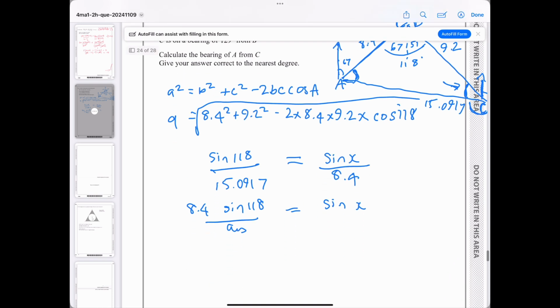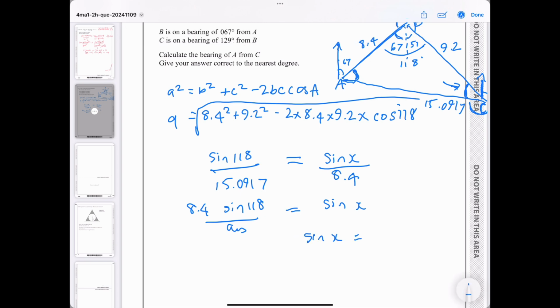So sine of x equals 0.49144. So that means it's going to be very close to 30, I think.